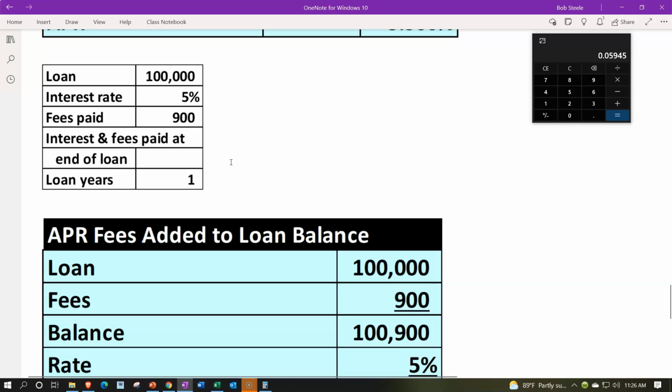Now note, there are situations where the APR wouldn't be enough in and of itself possibly.